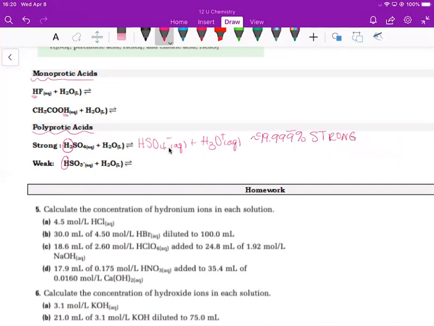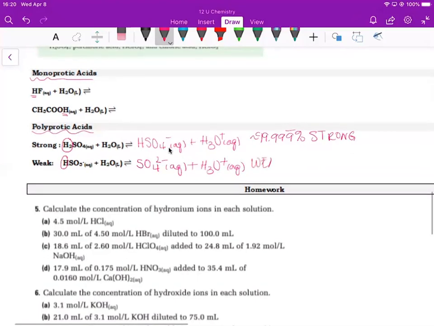Okay, anything that dissociates around 99.99%, that's what makes an acid strong. The second dissociation is a weak acid. So when this HSO4 loses another hydrogen, this happens like less than 1%. So we say that it's a weak acid.